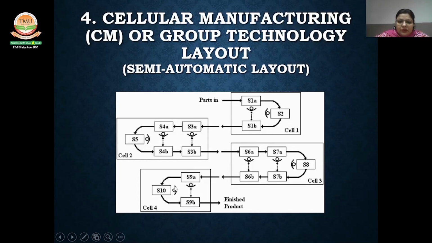Next, in cell 4, we will make different parts, like wipers or seats of the particular car. Okay, after the finished products, they will be assigned, or we can say they will combine with each other, and they will make the finished product.